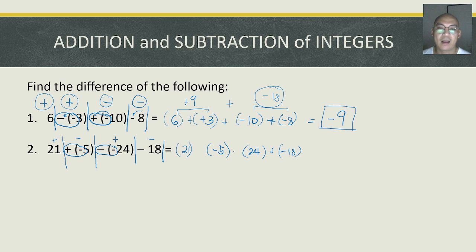Again, combine first same signs. What are those having the same sign? 21 and 24. So this is 45 and they are positive. 5 and 18. They are 23 and it is negative. So we can say now 45 and a negative 23.